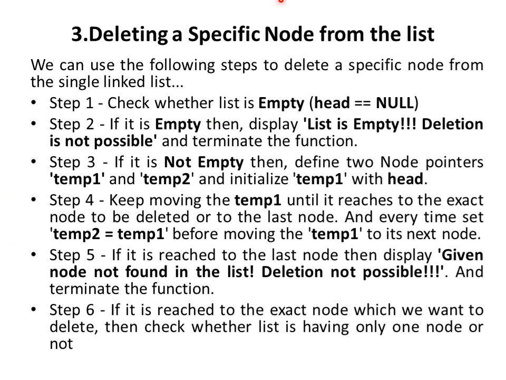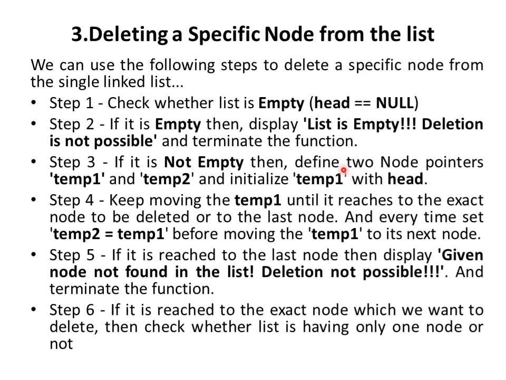Next, if I want to delete at a specified node, deleting a specific node from the list, what should I follow? Check the same condition here. If the list is empty, that is head equals null, then display list is empty, deletion is not possible, and terminate the function.